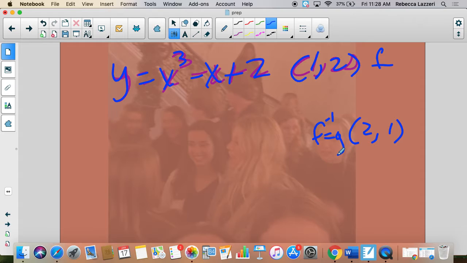Okay? All right, so if you're just going to use the formula, or you're being made to use the formula, you're going to say g prime of x is equal to 1 over f prime of g of x.